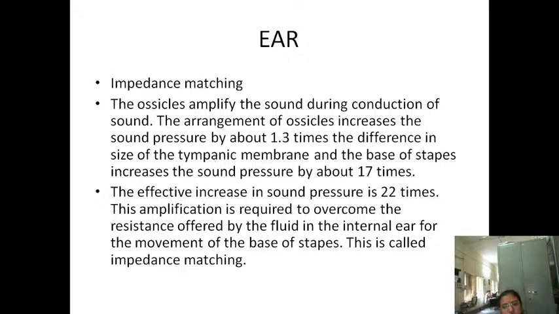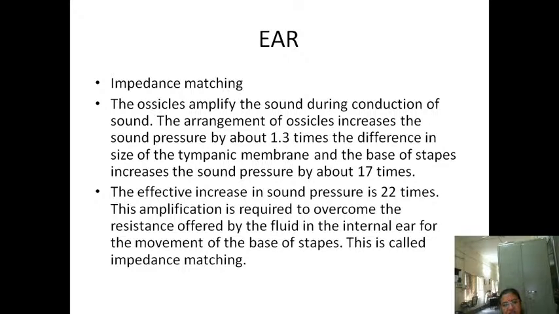When you produce sound, vibrations are set up in the air. These vibrations, when they hit the tympanic membrane, are carried via the ossicles to the oval window. Just adjacent to the oval window, there is the internal ear. In the internal ear there is fluid, perilymph and endolymph.